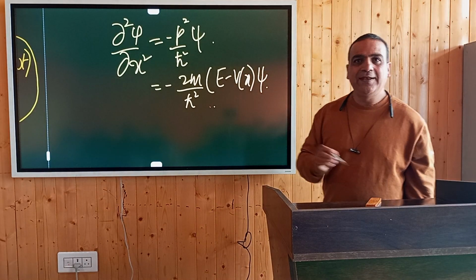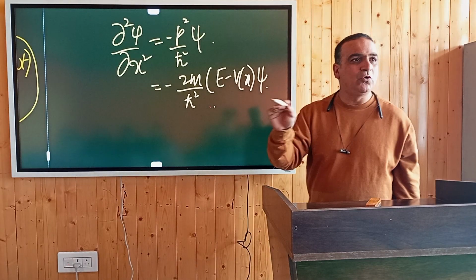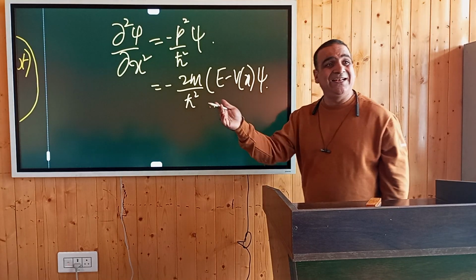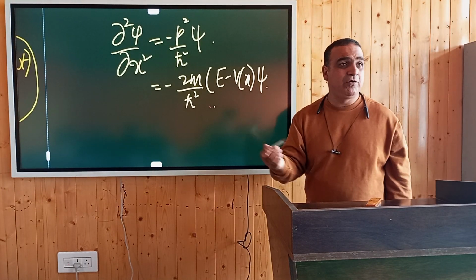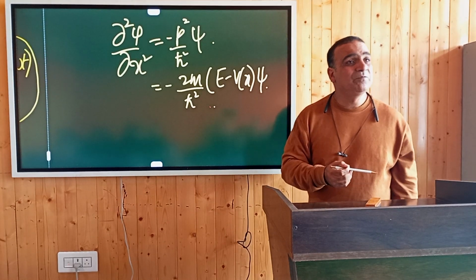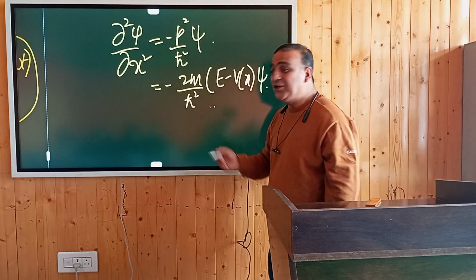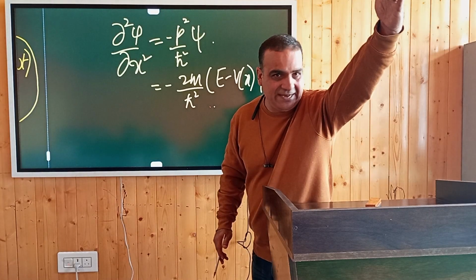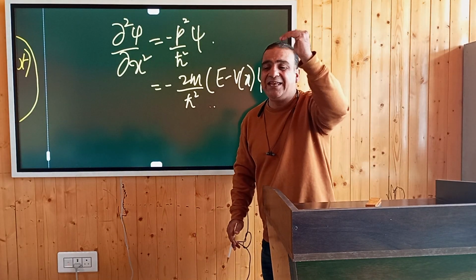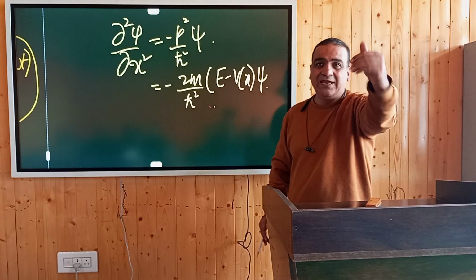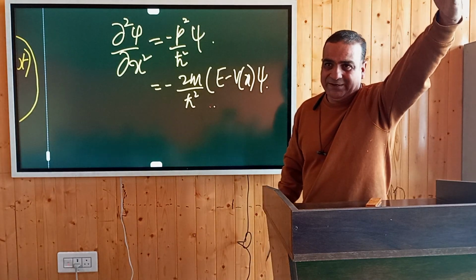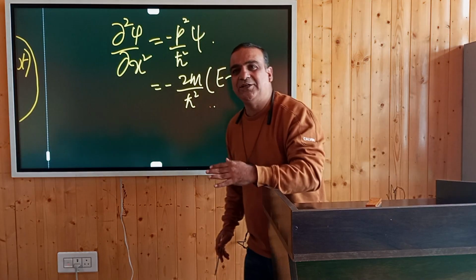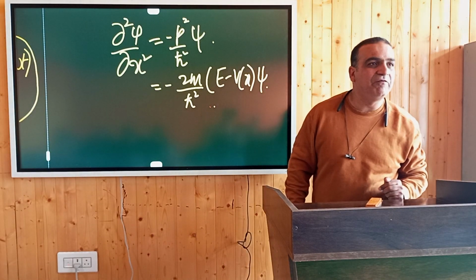Now you can see in this equation, you don't find any time, right? So you are going to obtain a differential equation, Schrodinger's wave equation, and this equation is independent of time. So this equation can be used in the situations where there is no evolution of time. The electron is in the orbit, and it may be in another orbit, right? So you will be using this equation in those situations where there is no evolution of time.